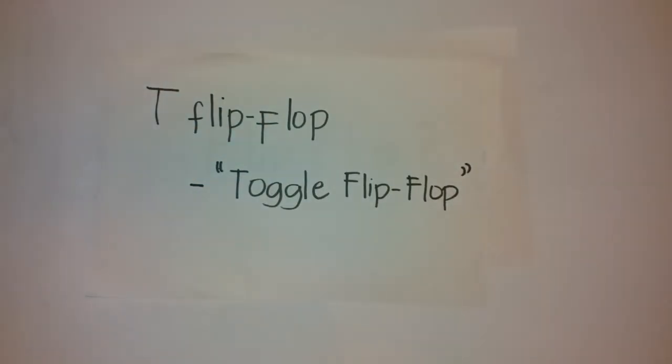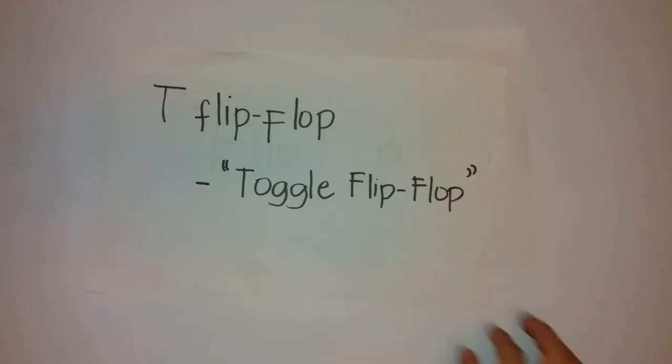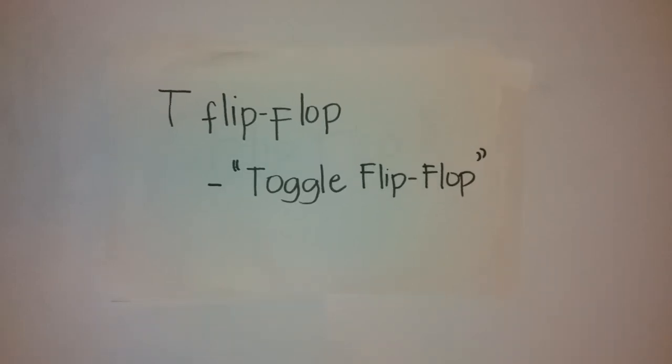So the T flip-flop is also known as the toggle flip-flop. To avoid the occurrence of intermediate state in SR flip-flop, we should provide only one input to the flip-flop called the trigger input. That is why it is called the toggle flip-flop. Then, the flip-flop acts as a toggle switch.